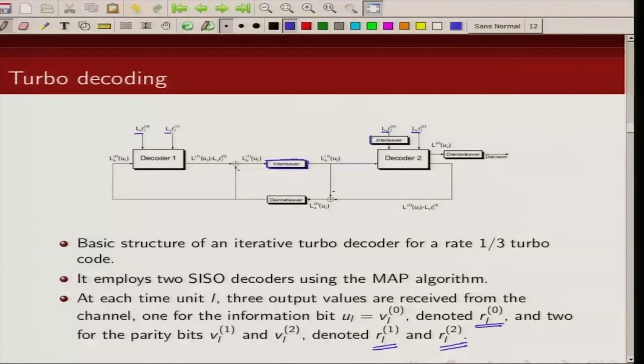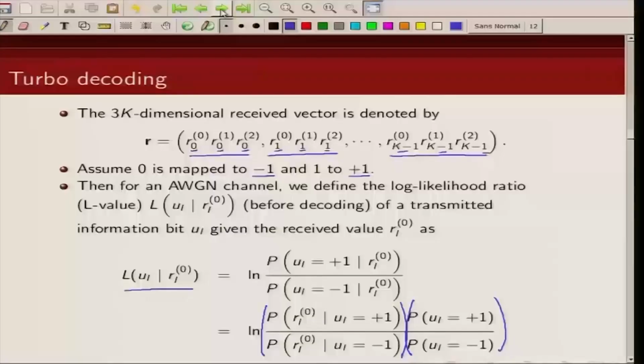Similarly, the information bit that we are feeding to decoder 2 is an interleaved version of information coming from decoder 1. Similarly, from decoder 2, if we are feeding something back to decoder 1, we are de-interleaving, and when we are taking a decision from decoder 2, we are also de-interleaving. So, this interleaving and de-interleaving is done so that the order of the information bits is preserved in the fashion they are entering encoder 1 and encoder 2.